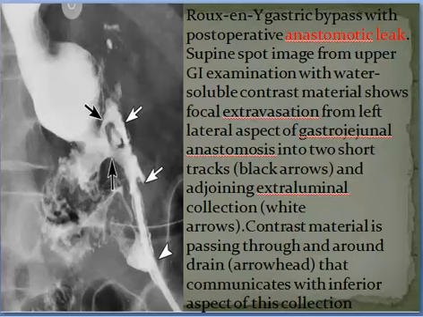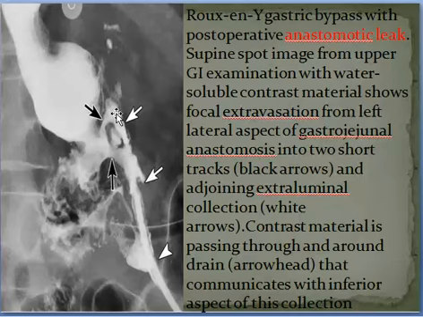Here, Roux-en-Y gastric bypass with postoperative anastomotic leak. Supine spot image from upper GI examination with water-soluble contrast material shows focal extravasation from the left lateral aspect of the gastrojejunal anastomosis into two short tracts. So contrast is coming from the anastomotic site up and down into two short tracts, adjoining the extraluminal collection.